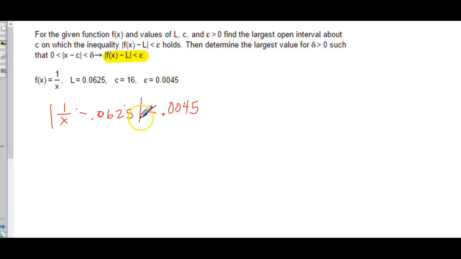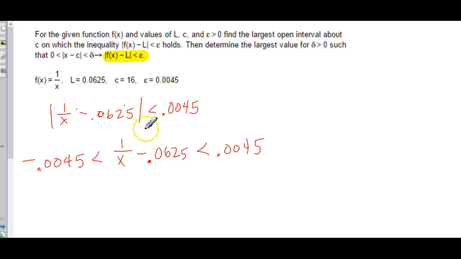Now remember, this absolute value means negate that: negative 0.0045 is less than 1 over x minus 0.0625, and that's less than the positive number, 0.0045. If you're smaller than this in absolute value, that means you're between that number and its opposite.